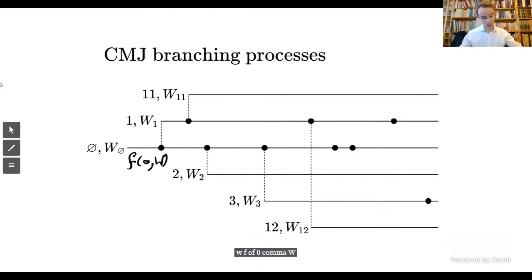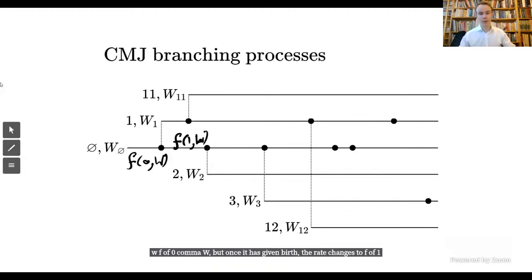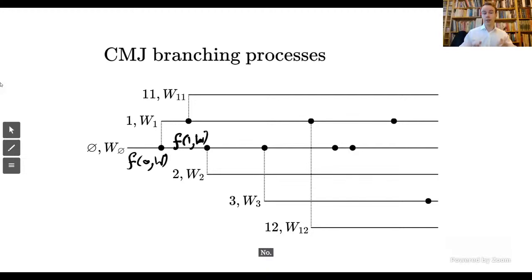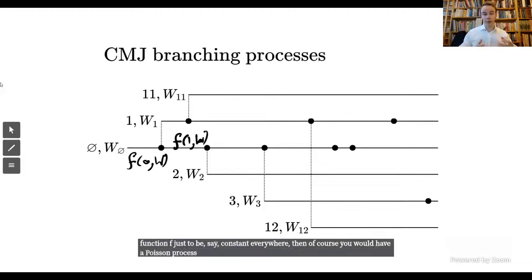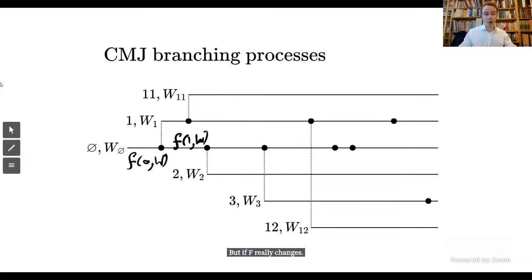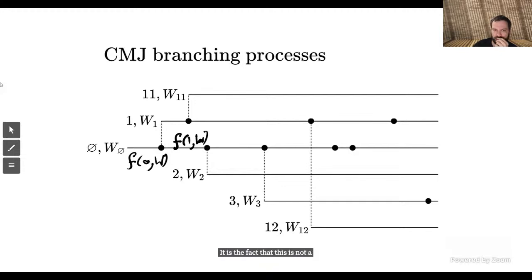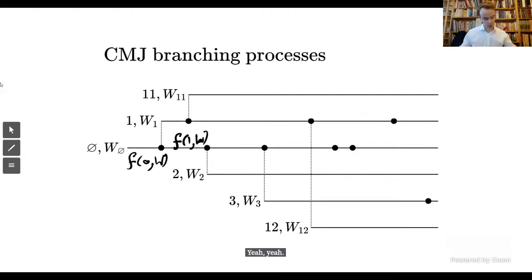But once it has given birth, the rate changes to f of 1, w. And then after the second birth, it changes again. So it is not necessarily a Poisson process. If you would choose this function f to be constant everywhere, then of course you would have a Poisson process. But if f really is dependent on its arguments, then you would not necessarily have a Poisson point process. But it still is some point process. Okay, thank you.